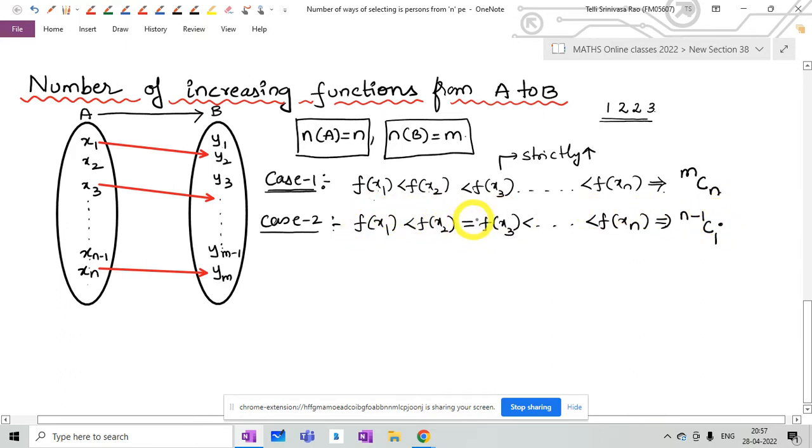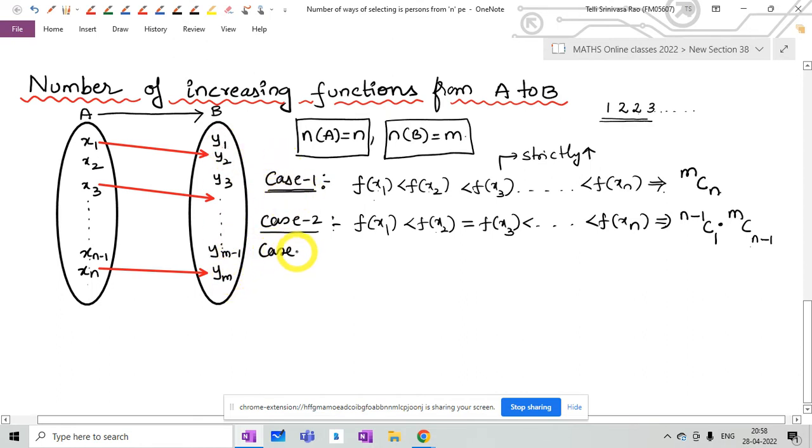Here, how many different elements do we have to select? Out of these m elements, I require only n minus 1 elements, because among these n elements, two elements will have the same number. I will do the mapping in such a way that two elements go to the same number, and all the remaining are different numbers in increasing order.